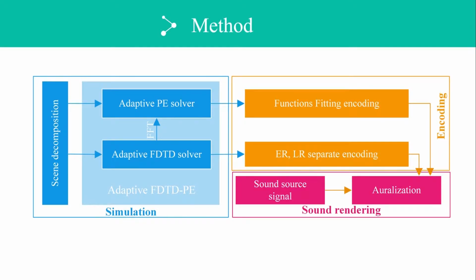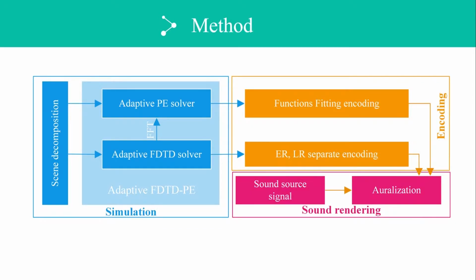According to the location information of sound source and obstacles, we decompose the 2-dimensional planes into the near-source complex regions and the far-source regions. We build an adaptive FDTD solver to simulate sound propagation in the near-source complex region and an adaptive PE solver in far-source regions.